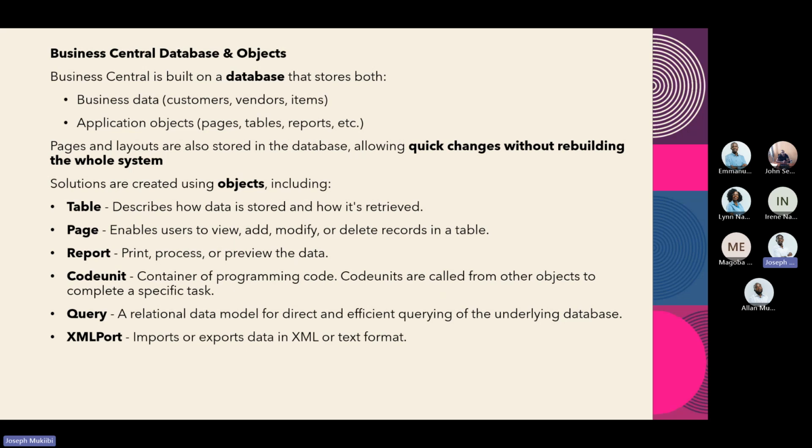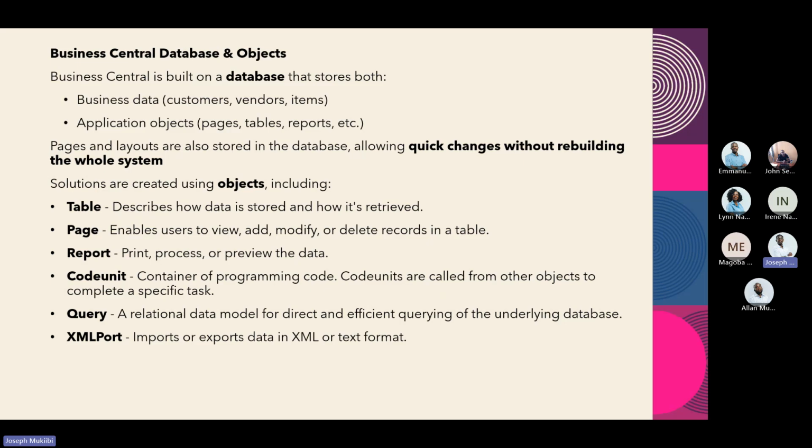So all these are in the database. Pages and layouts are also stored in the database, allowing quick changes without rebuilding the whole system. So all this information is stored in the database.